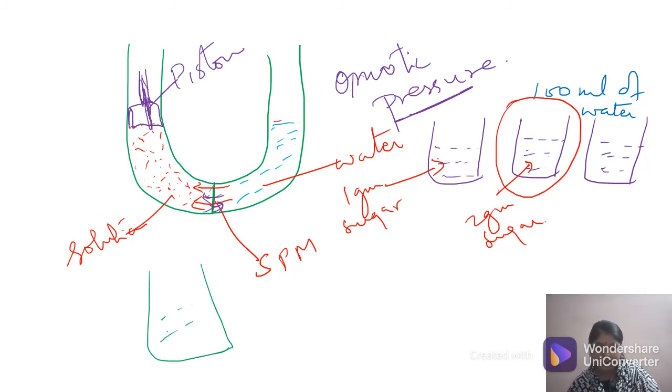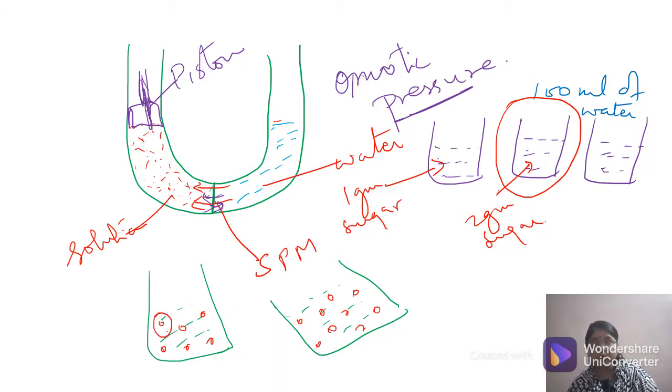In the other beaker with 2 grams, definitely more solute will be there. The amount of water available per solute molecule is more here, but the amount of water present per solute molecule here is less. Therefore, this is a more dilute solution than this. This is concentrated in comparison to this.